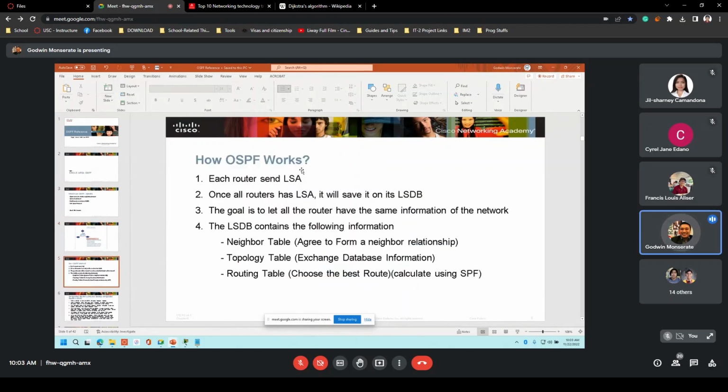Now, this is how OSPF works. Each router sends LSA. Okay? Once all routers have LSA, it will be saved in their own LSDB, which is the link state database. The goal is to let the routers have the same information of the network. The LSDB contains the following information: neighbor table, topology table, and routing table. So basically, the first thing is they agree on a neighbor relationship.